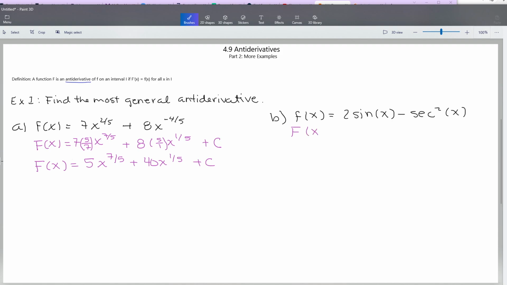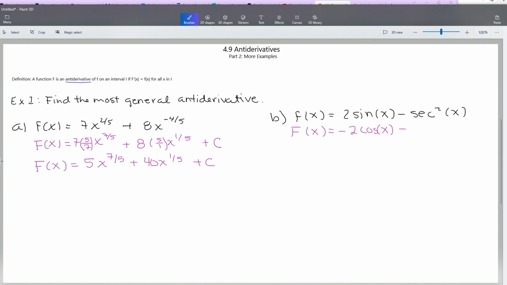Remember, for sine, the antiderivative is negative cosine. So we're going to have negative 2 cosine x, and we just have to remember that the derivative of tangent is secant squared.